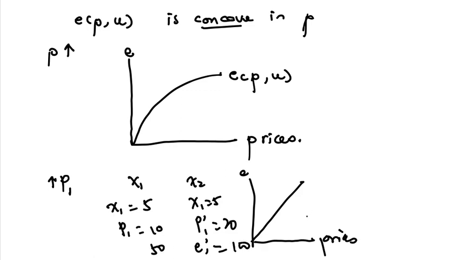So it increases linearly. If I increase even further, the change here is 50, and the change here should be 50 as well, the additional expenditure per quantity.